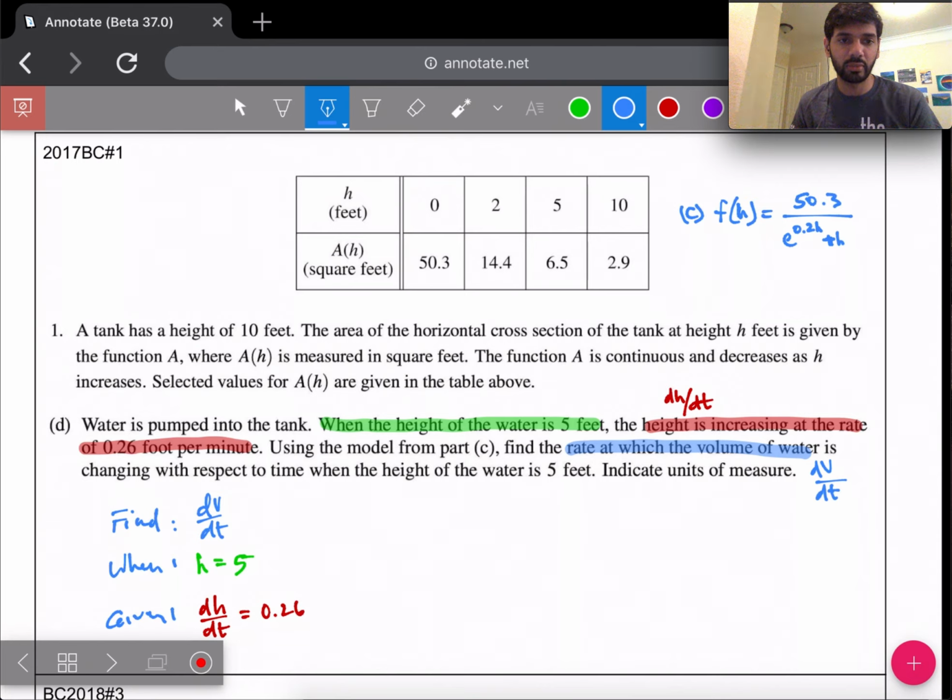Okay, so I need to set up this equation here. It is telling me to find dV dt. So looking at the volume equation here, just give me a second.